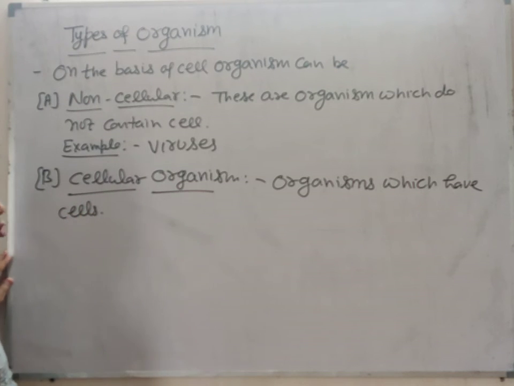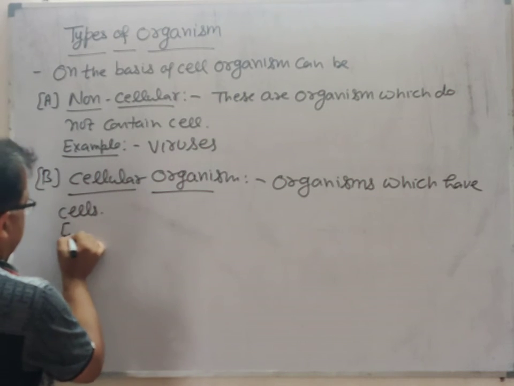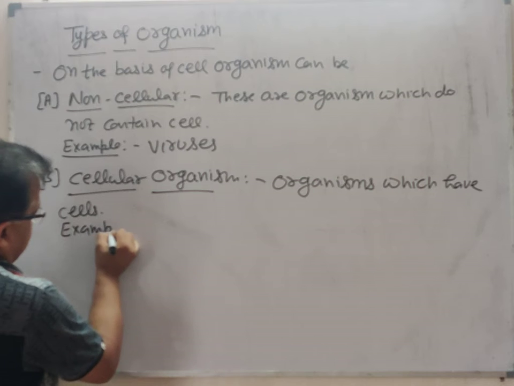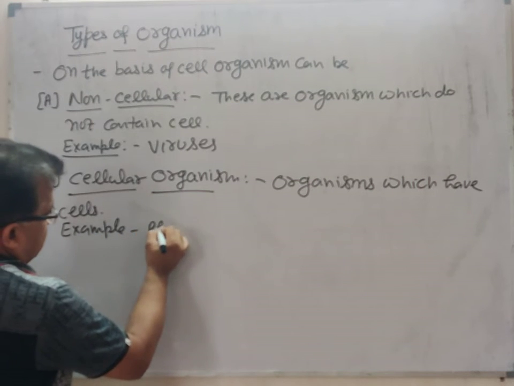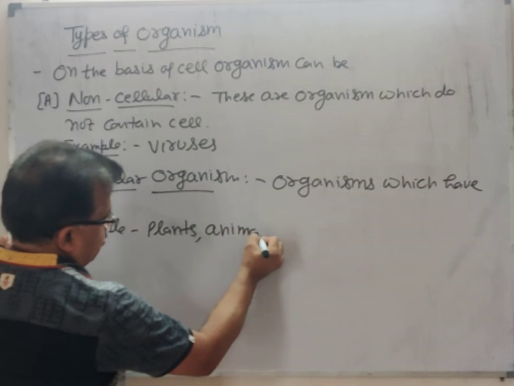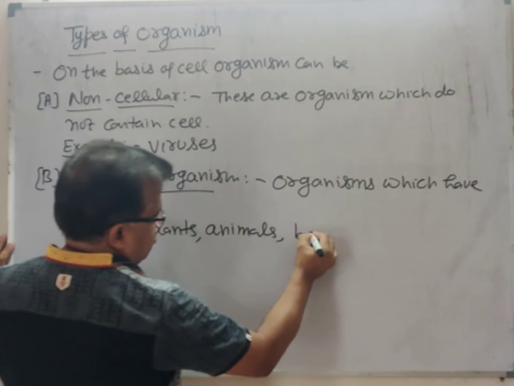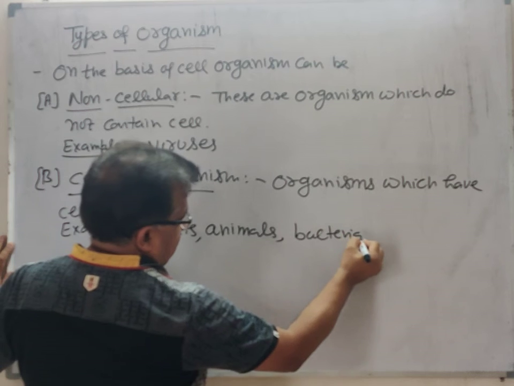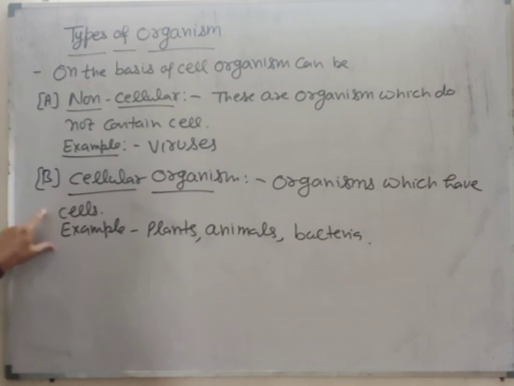Cells can be one or more, so they can be unicellular or multicellular. For example, plants, animals, bacteria, etc. Now cellular organism can be divided into two categories.